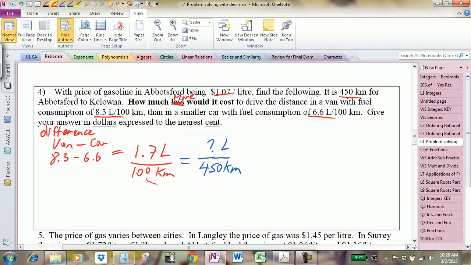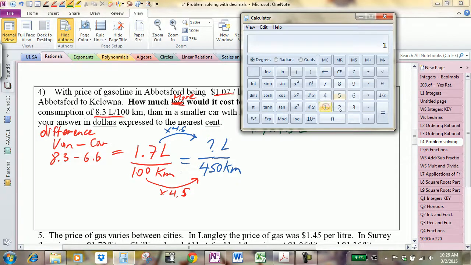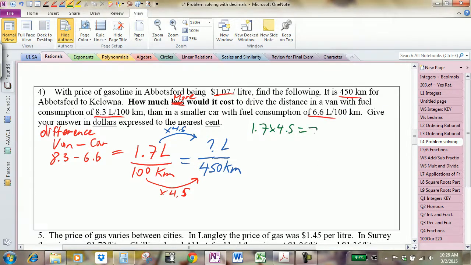So what would you multiply 100 by to get 450? So we times the bottom by 4.5. What do we have to do with the top of the fraction then? Do the same. Times it by 4.5. So this becomes 1.7 times 4.5. 7.65 liters more.